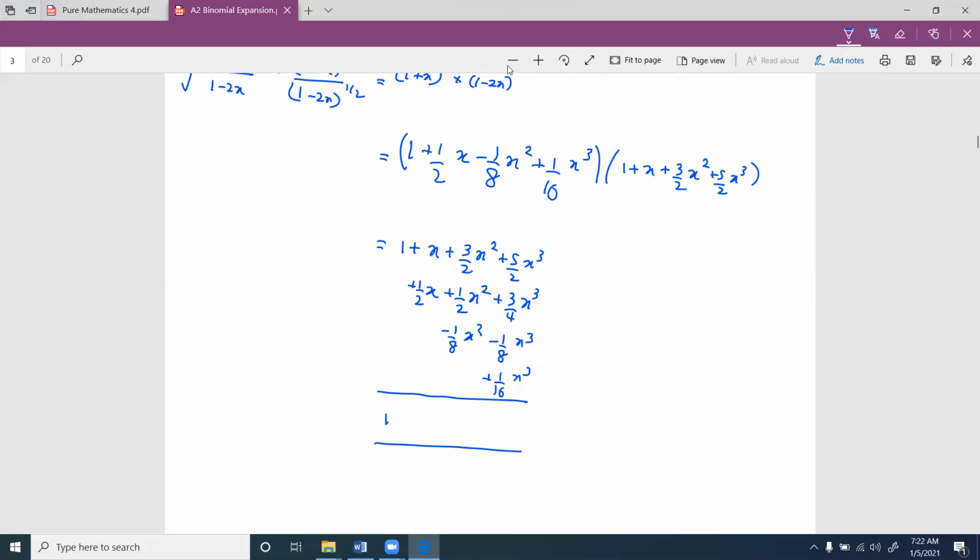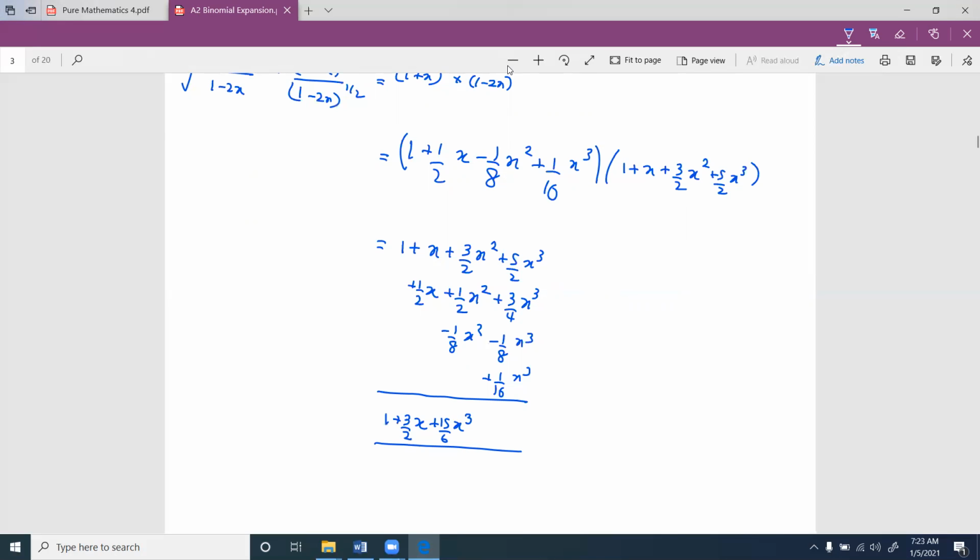1 is here. 1 plus half is 3 over 2 x. Then this is 3 over 2 plus 1 over 2 minus 1 over 8, which turns up to 15 over 8 x squared. Right.